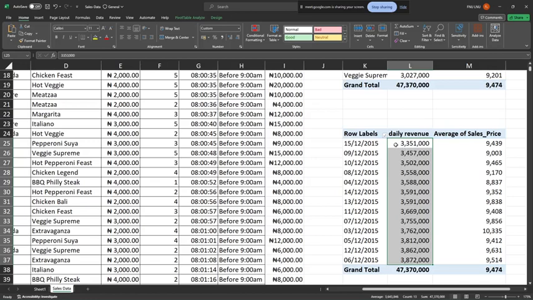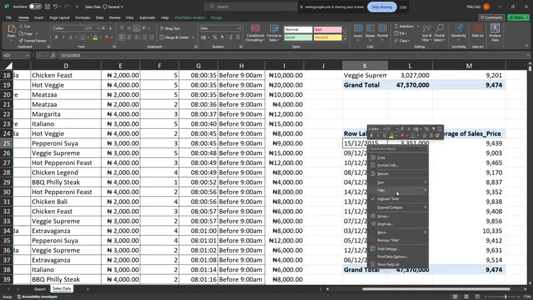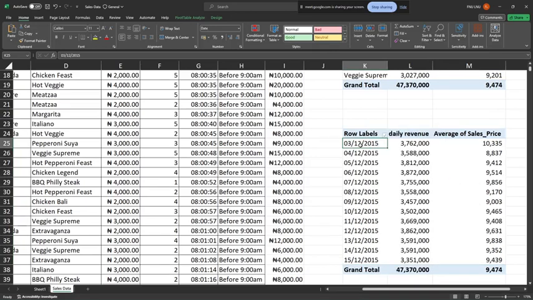Let me sort this according to the date. On the third, you made 3.7. On the fourth, you made 3.5. On the fifth, you made 3.8. On the sixth, you made 3.8. On average, how much are we making per day? That's going to be around 3 point something.